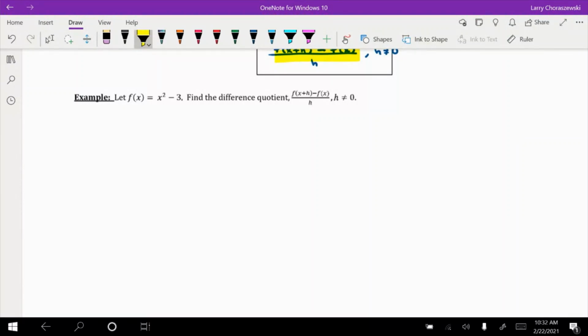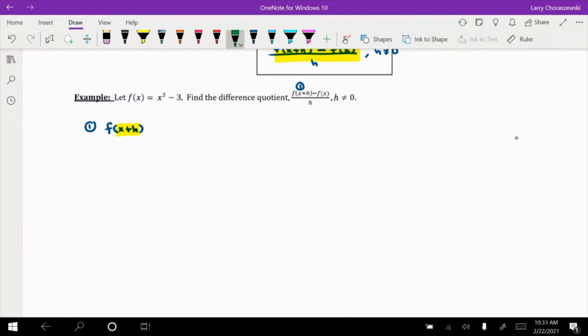I want to mention that there are 3 major components to the difference quotient. The first component is the expression f of x plus h. And that's actually the first thing we'll do. We'll have to figure out what the function turns into when we plug x plus h into all the x's.